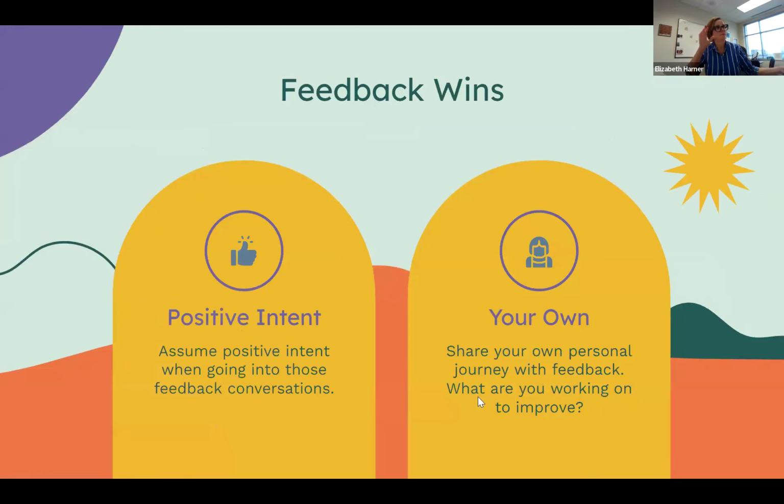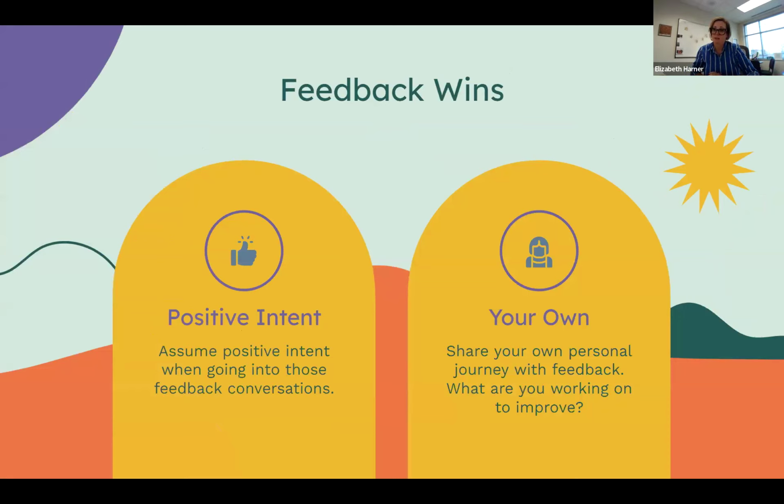So another thing that I really want to highlight with feedback wins is whenever I'm providing feedback to a teacher, and hopefully when they're providing feedback to me, I'm always assuming positive intent when I go in. And what that means is that there might be something that you need to talk to a staff person or teacher about.